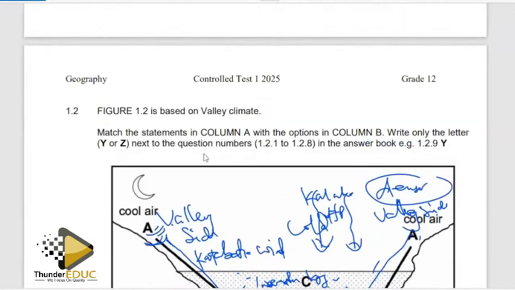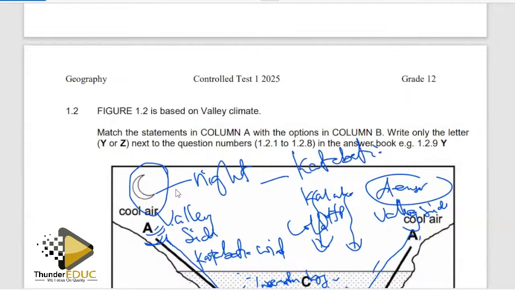You should note there's an illustration of a moon here. This is an illustration of a night situation. This moon indicates that it's night. It's katabatic at night, and anabatic during the day. So this illustration of the half moon was supposed to guide you in determining the kind of wind which happens.